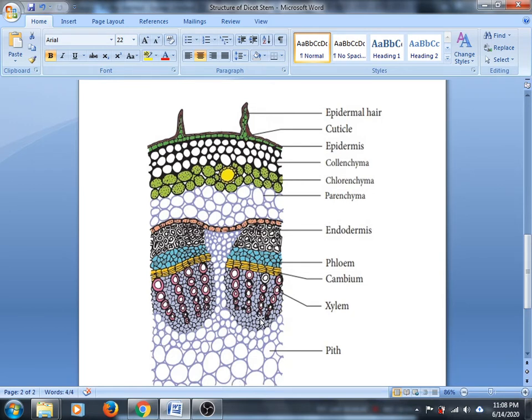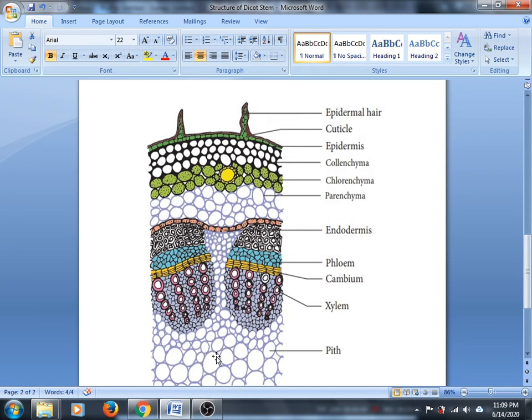If the protoxylem faces toward the outer side, it is said to be exarch. Between two vascular bundles, there are cells called medullary rays. During secondary growth, the medullary rays also transform into interfascicular cambium, and this area also divides for secondary growth.